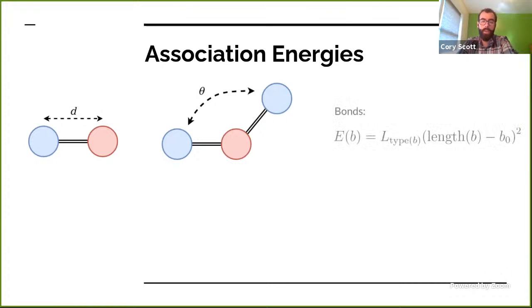And the equations for those are what I have on the slide here, right? So we have some strength parameter, that's L type B and L type theta there. That's just a constant, and that basically says how strong each association is.